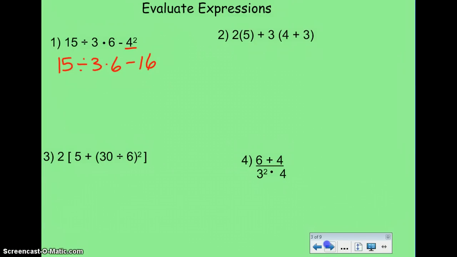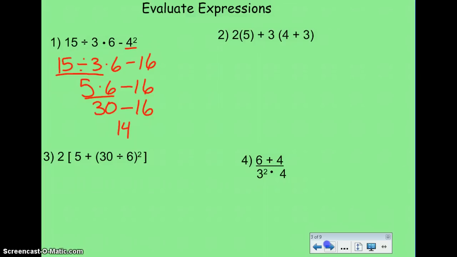At this point, we move on with PEMDAS, and again, multiplication or division in order from left to right. In this case, division comes first, so I'll divide the 15 divided by 3. That gives me 5 times 6 minus 16. Again, moving on, we can multiply the 5 and the 6 now. That's 30 minus 16, and that gets us to a final answer of 14.